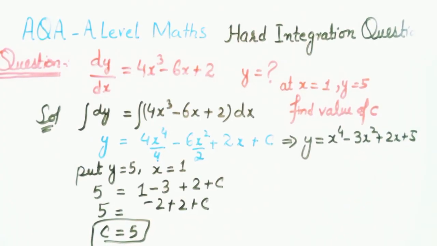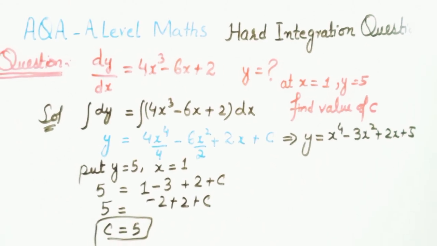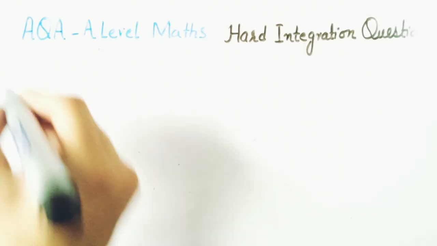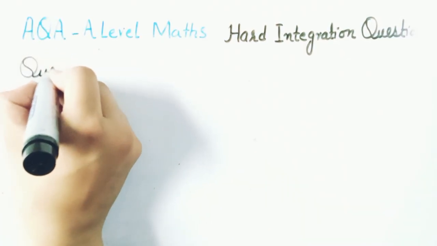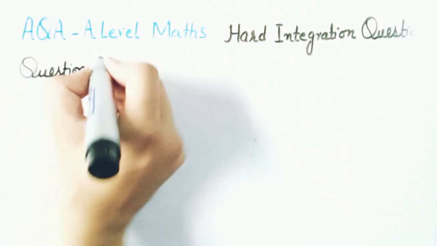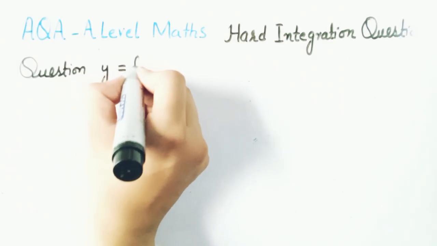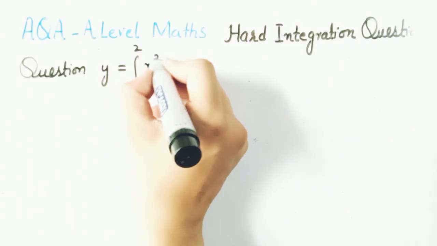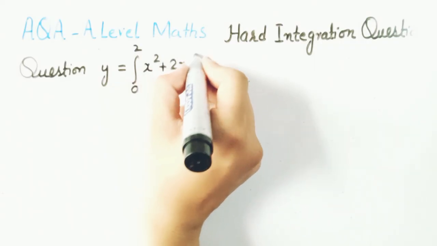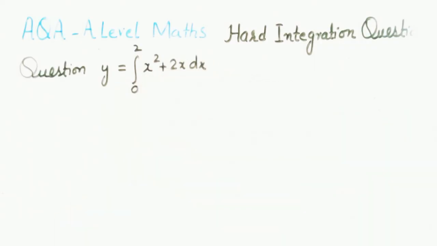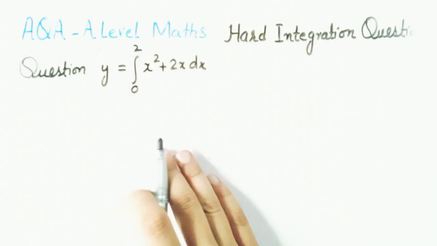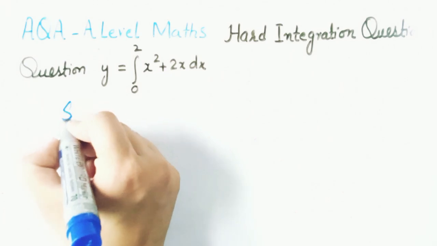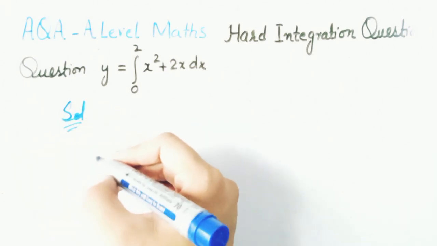Now we will solve another interesting question. Now we have the question y equals the integral from 0 to 2 of x² + 2x dx. So how will we solve this? First of all, do this integration.